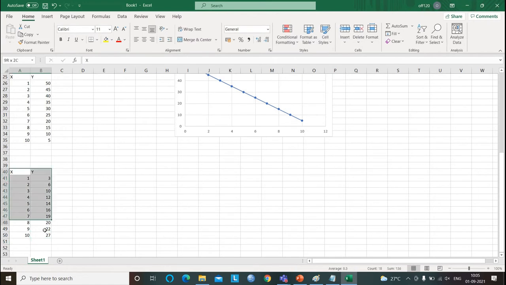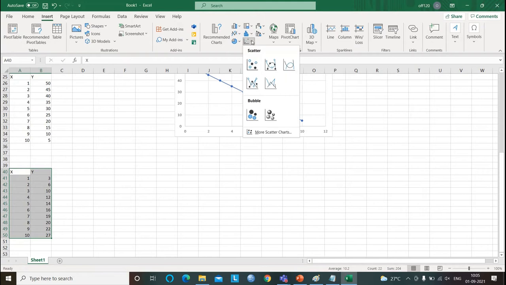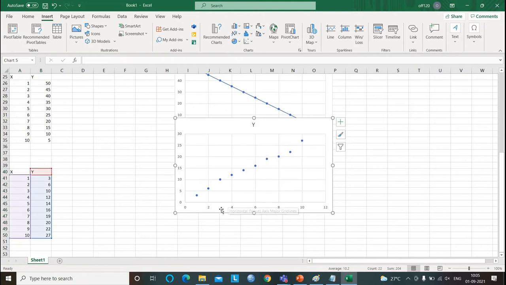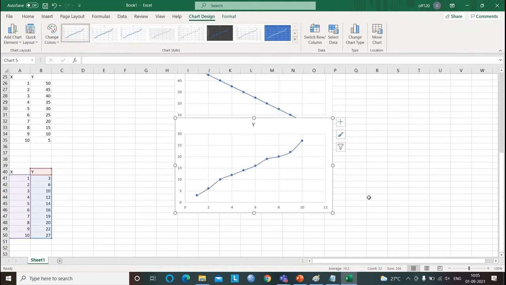See, let's take this. Now this is not on a straight line. These are some curved lines. Now let us go with the same thing. That means here also we can say that x and y are positively correlated. But what is happening here?